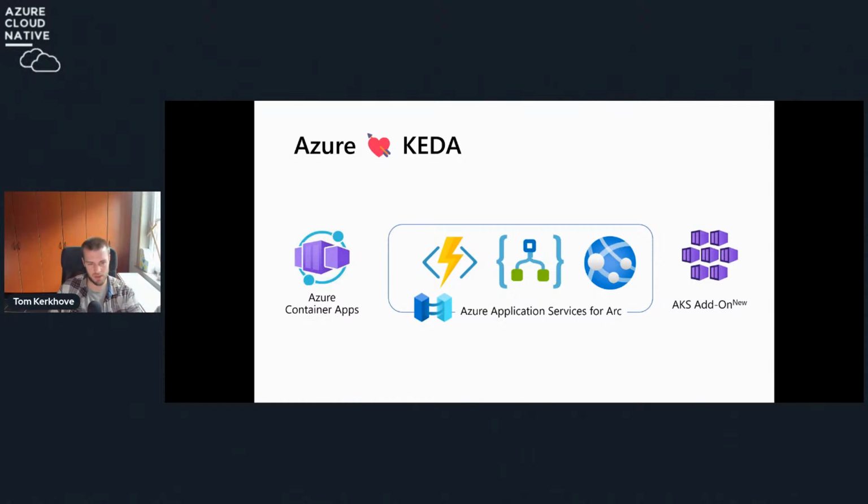So if you autoscale there, it's using KEDA under the hood. If you use Azure Application Services for Arc, which is in preview, it also relies on KEDA to autoscale all of these. And then we have the new AKS add-on, which is more of a managed offering for KEDA if you want to simplify things, worry less about your infrastructure, and get support.